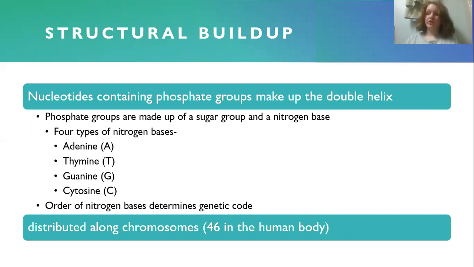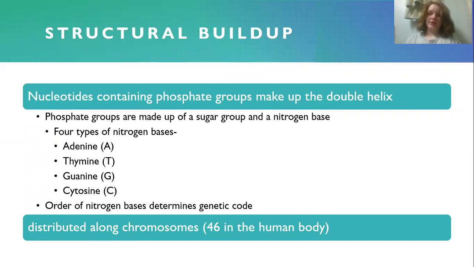So, the structural buildup of DNA. The nucleotides containing phosphate groups make up the double helix. And in these phosphate groups, they're made up of a type of sugar known as glucose, and they're joined with a nitrogen base. Now, there are 4 types of nitrogen bases, and you may recognize the letters here because these are what are known in most of genetics, in the sense that the different arrangement of these letters is what makes up genetic code.